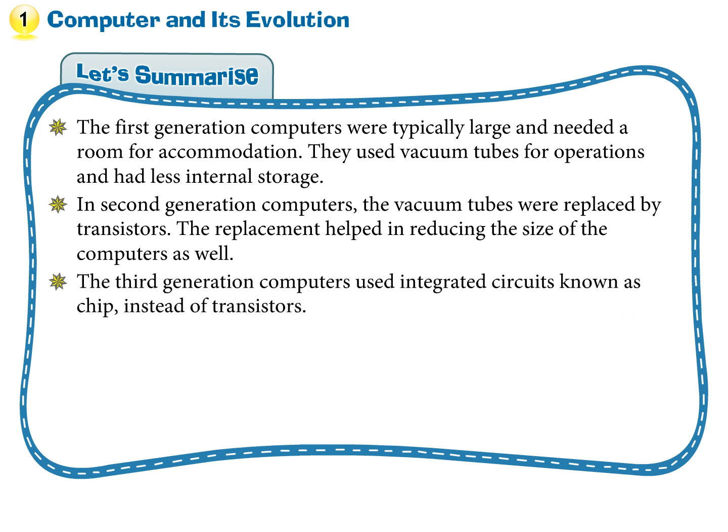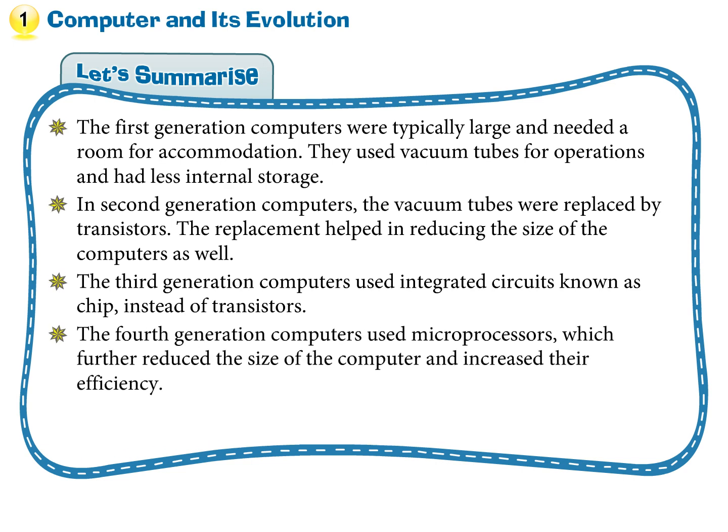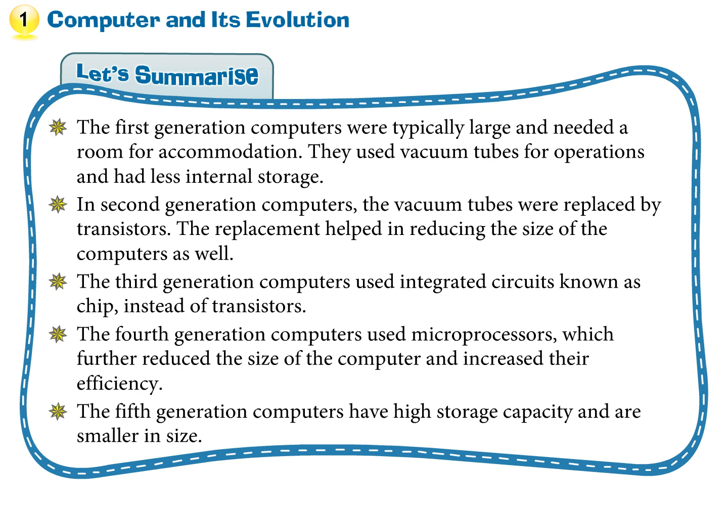The third-generation computers used integrated circuits known as chips instead of transistors. The fourth-generation computers used microprocessors, which further reduced the size of the computer and increased their efficiency. The fifth-generation computers have high storage capacity and are smaller in size.